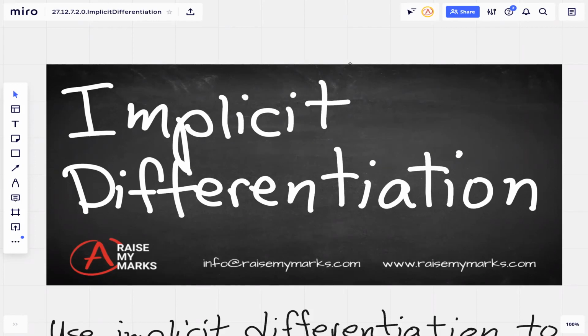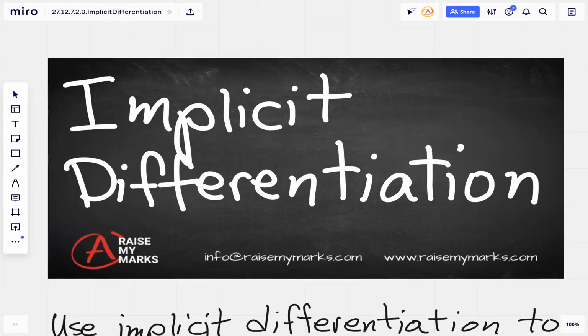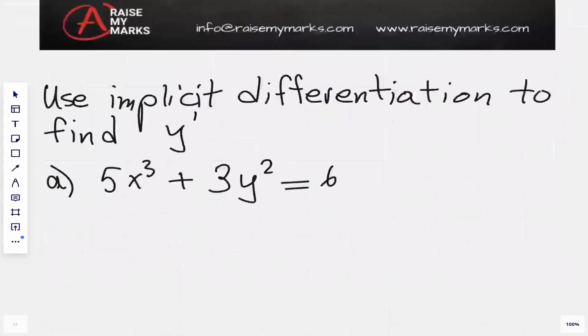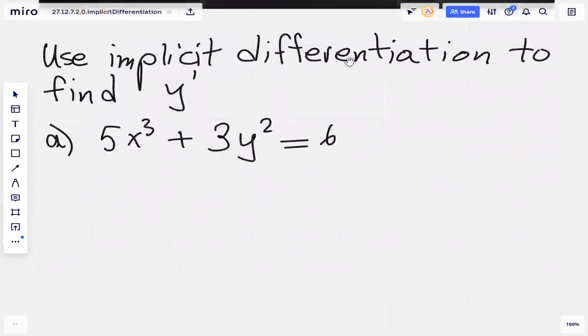In implicit differentiation, the independent and dependent variables are within the equation. For example, we're asked to use implicit differentiation to find y prime. Here we have 5x cubed plus 3y squared equals 6.